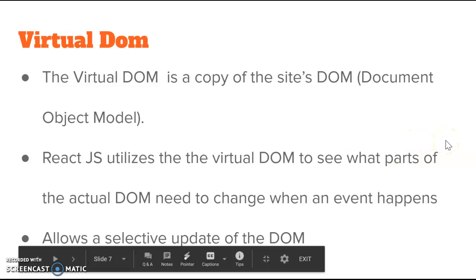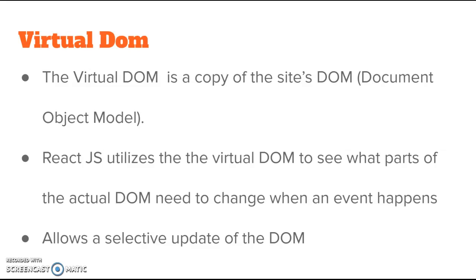Next is the virtual DOM. The virtual DOM is a copy of the site's document object model. What happens is React uses this virtual DOM to see the different parts of the original DOM, what needs to change when an event happens, and you can selectively update the DOM. Imagine a user who needs to make a comment on a blog post.